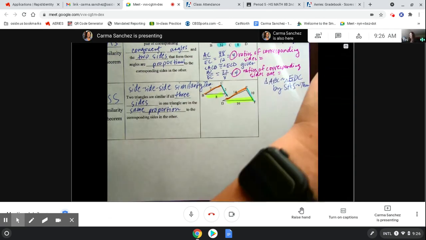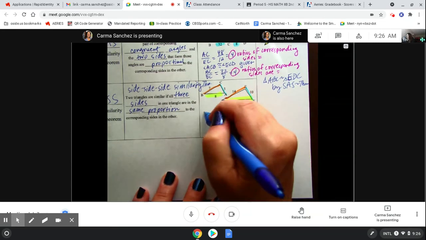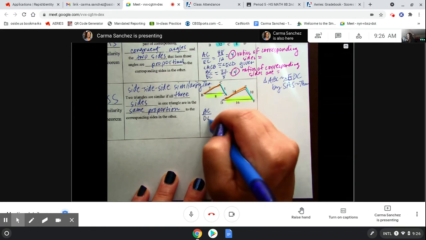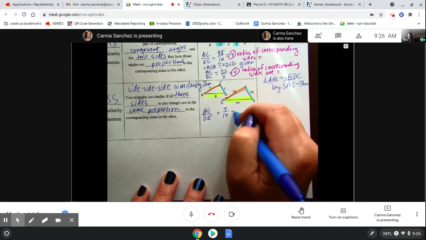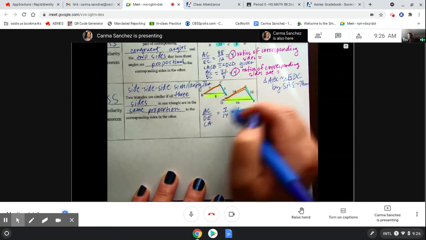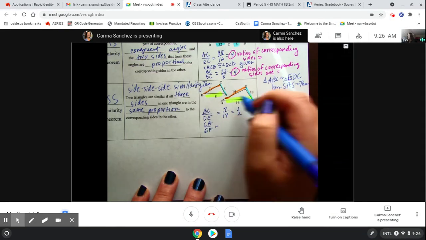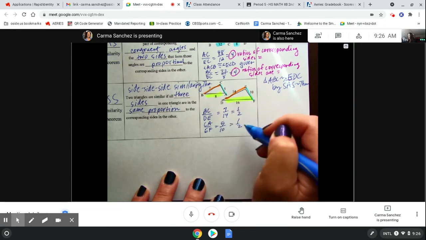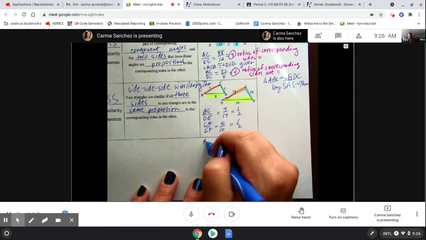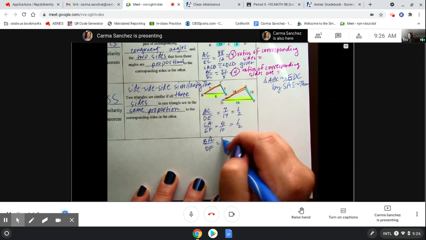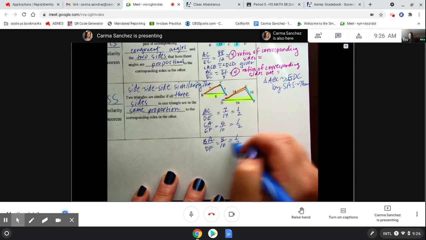So here I go with my 3 ratios. I'm going to say length BC compared to length DE is a 7 to 14 or 1/2. Next, I'm going to do CA compared to EF. That would be a 5 compared to 10, which reduces to 1/2. And finally, BA compared to DF. That would be an 8 is to 16, which is also a 1/2.